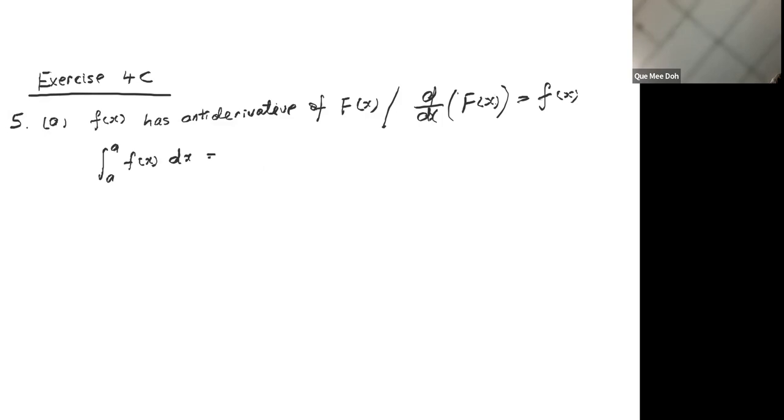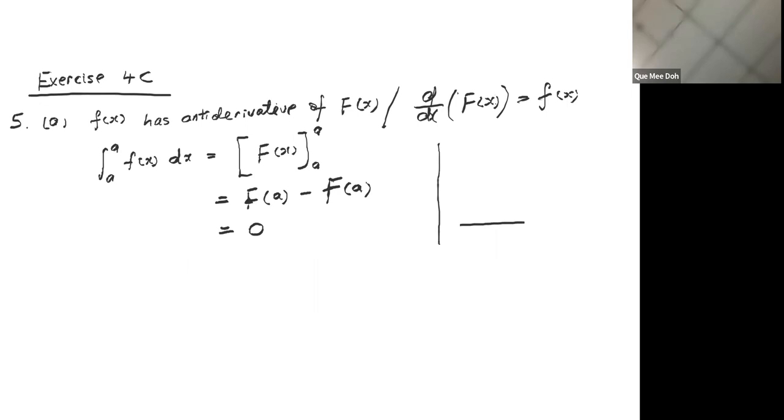So this will be F(x), capital letter F, from a to a. So that means you sub with a, take away sub with a. So you get 0 because it's the same thing. Am I right? So if you imagine this in a graph form, you get a straight line.